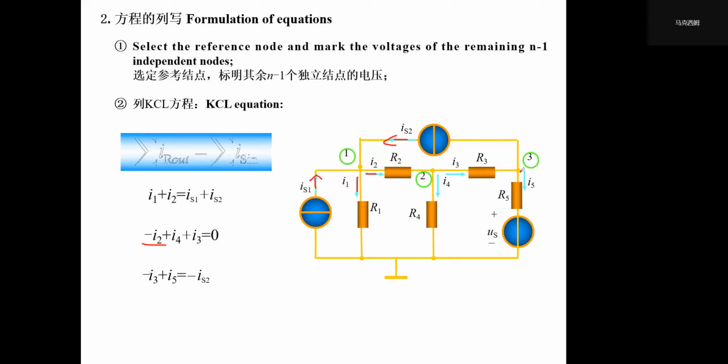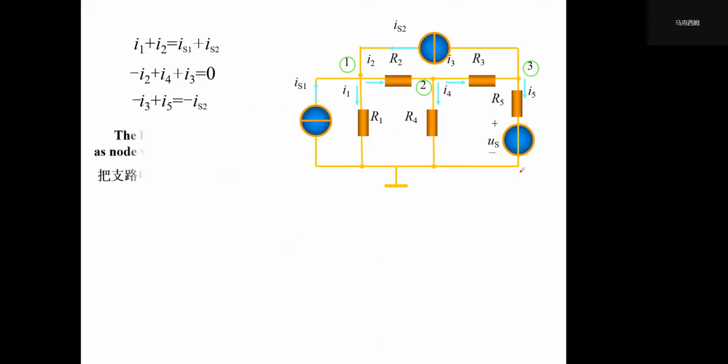And we also know that the number of independent nodes is 3. So we can express it with the node voltage to replace all the branch currents, right? So for the voltage of node 1, we know that the voltage equals I1 times R1, right?